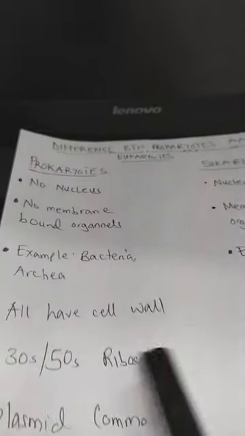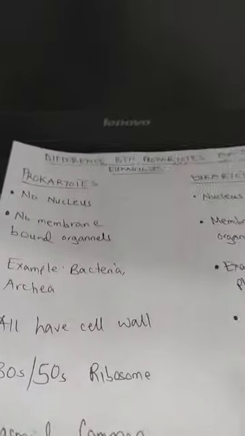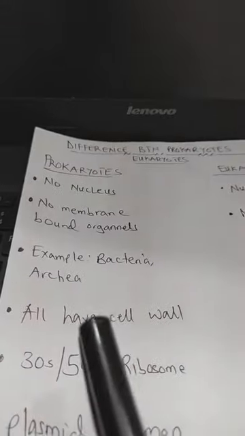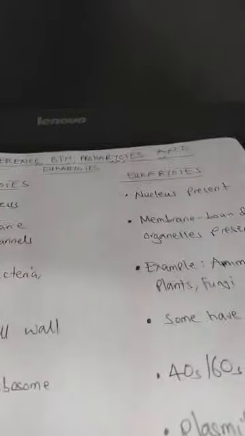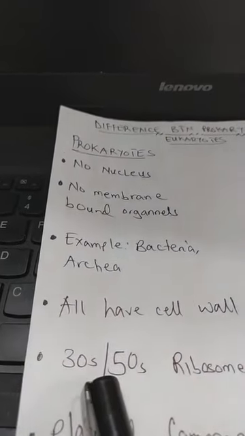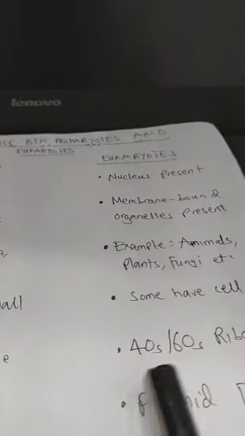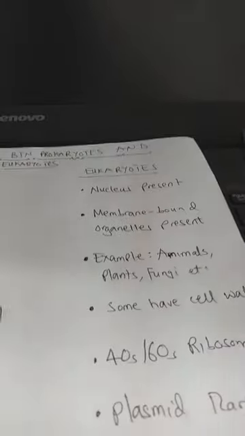And another difference also is the ribosome. As I said earlier, a ribosome is present in both prokaryotes and eukaryotes, but the subunits which make up the ribosome in prokaryotes are different from those of eukaryotes. So prokaryotes are made up of 30S and 50S subunits to make their ribosomes, while eukaryotes are made up of 40S and 60S subunits.